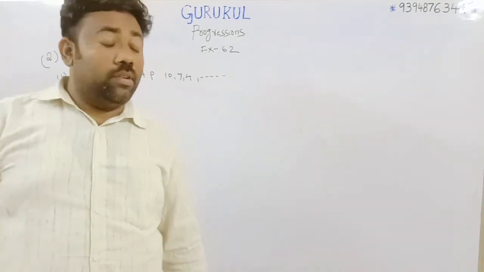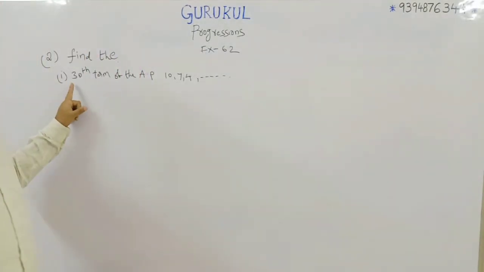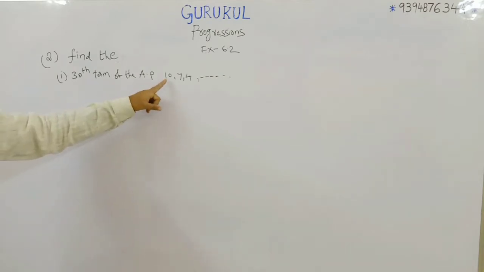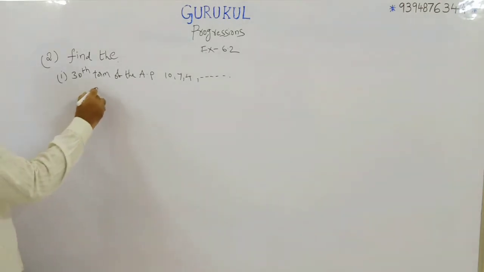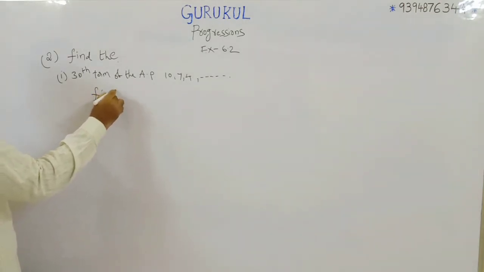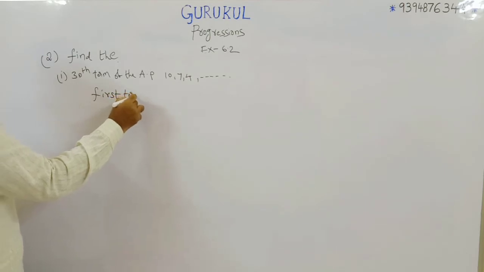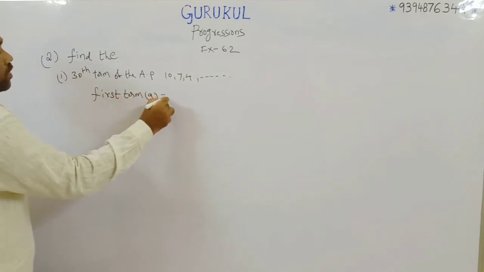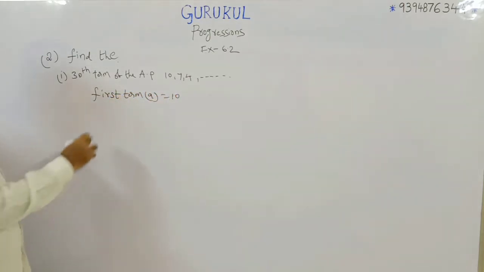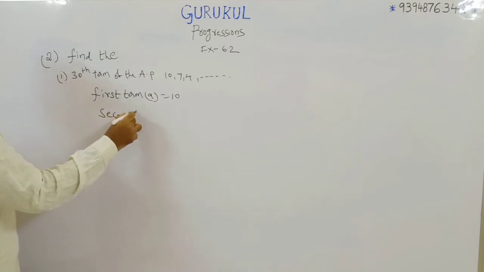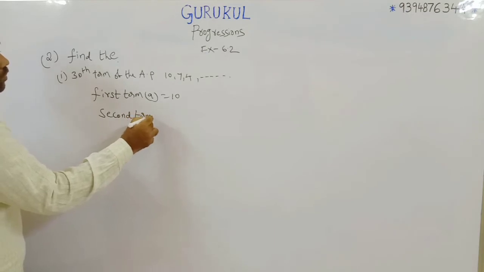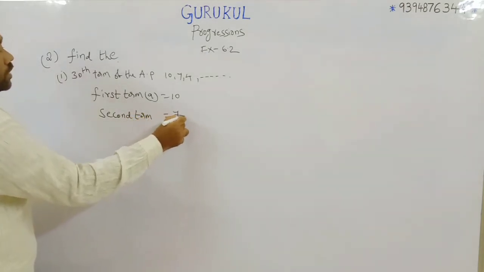Second one. Find the 30th term of the AP 10, 7, 4, and so on. Here, first term, small a equal to 10. Second term equal to 7.